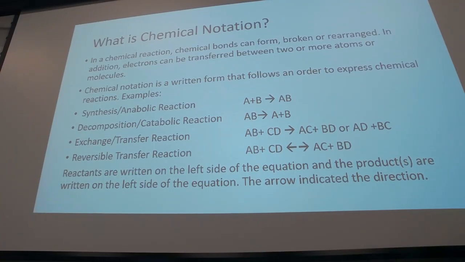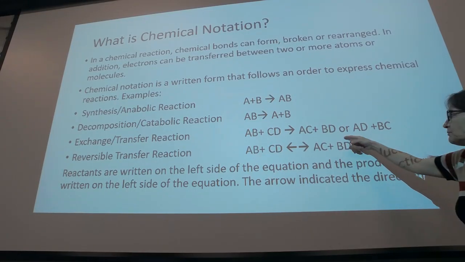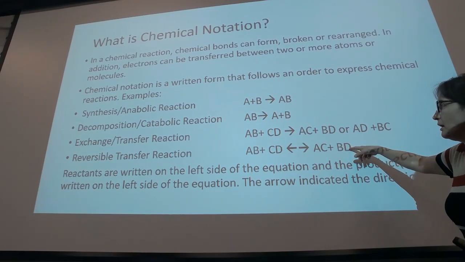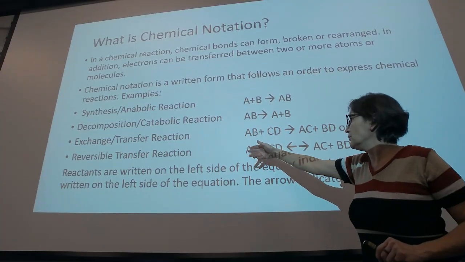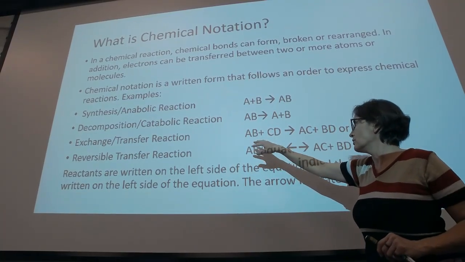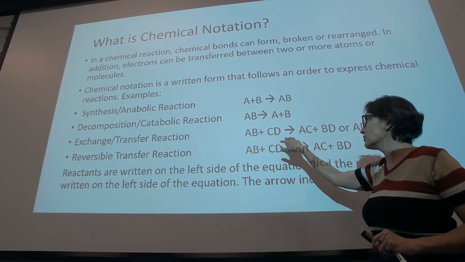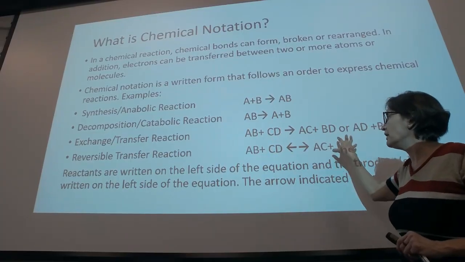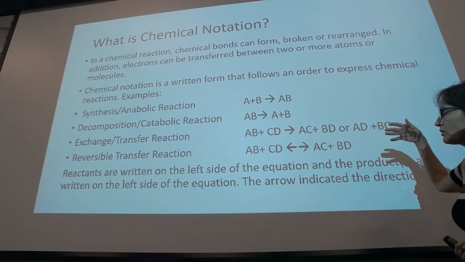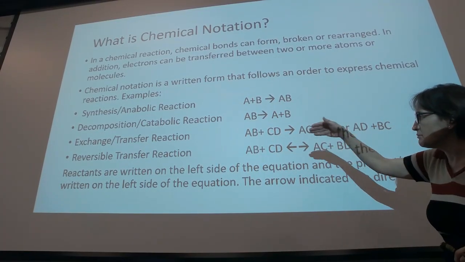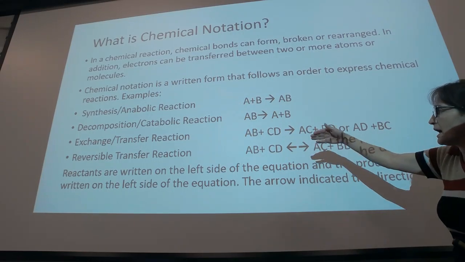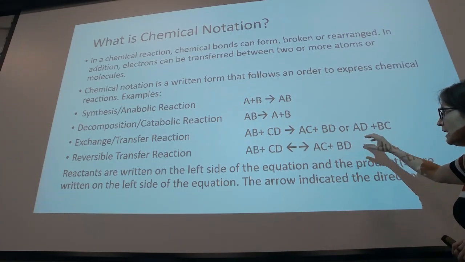And you can also have reversible reactions in which these products can give you these reactants, or these reactants give you the products. So the names can change based on where the chemical reaction is going.